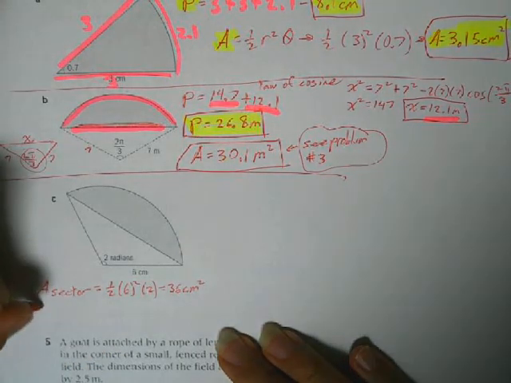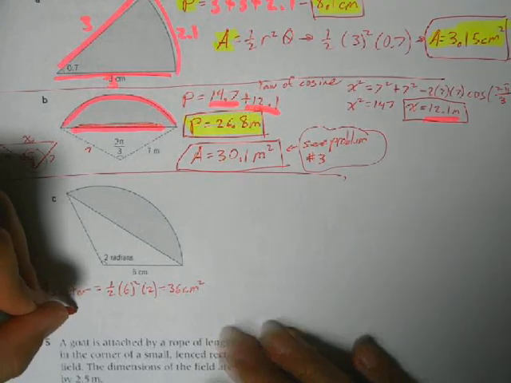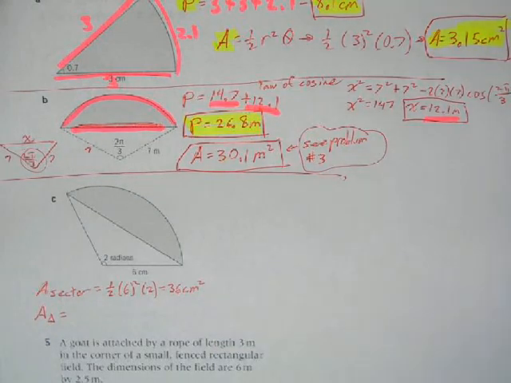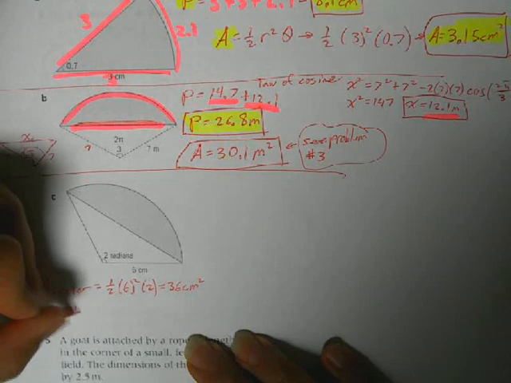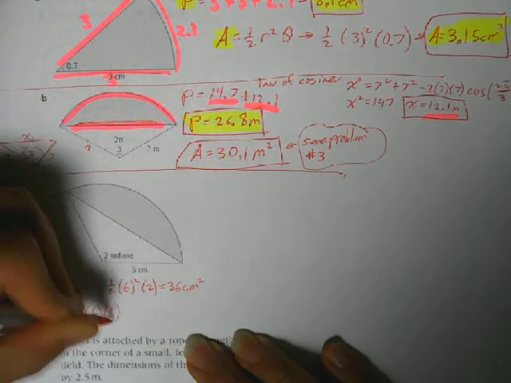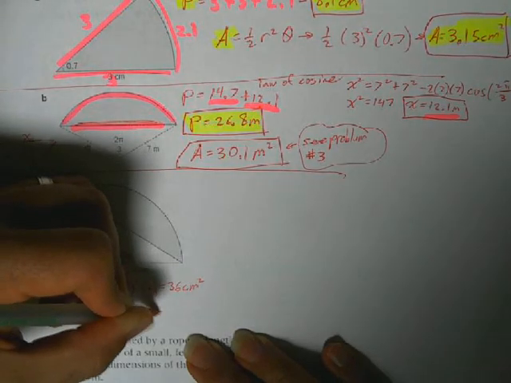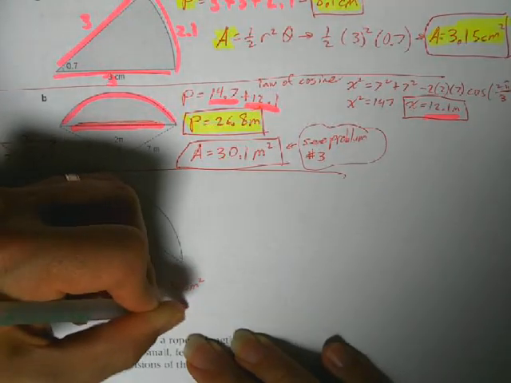The area of the triangle is 1/2 times 6 times 6 times sine of the angle, and if I put it in the calculator, I get this.